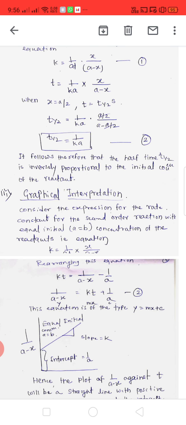Third point, graphical interpretation. Consider the expression for the rate constant for the second order reaction with equal initial concentration, A equal to B. The equation is k equals 1 upon at into x upon a minus x.